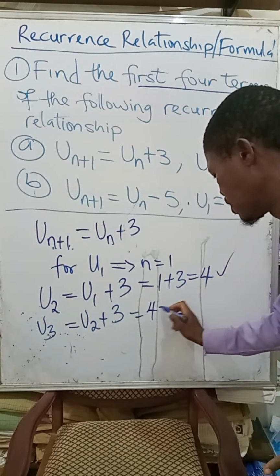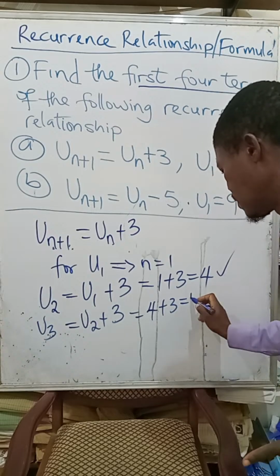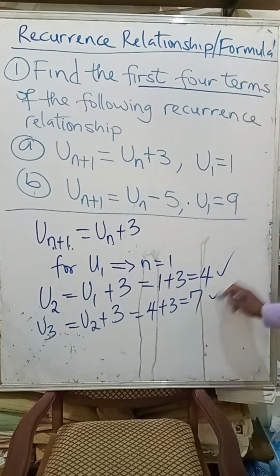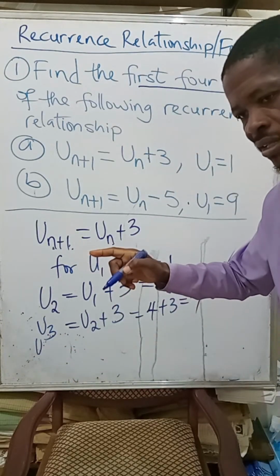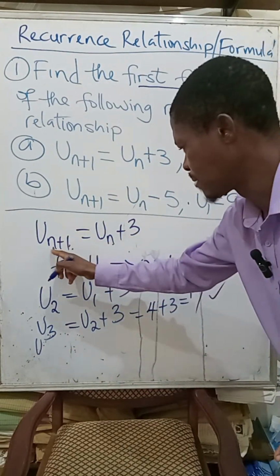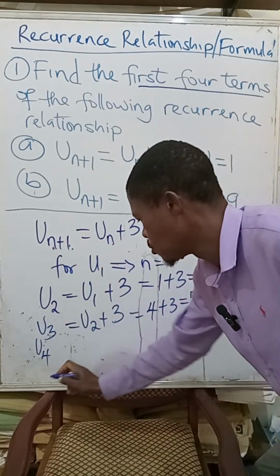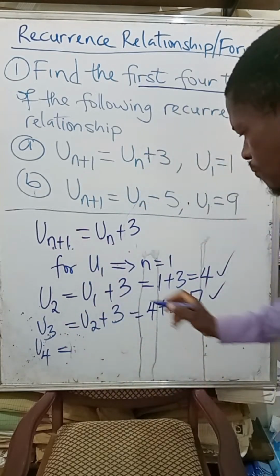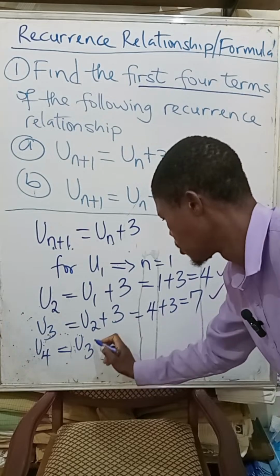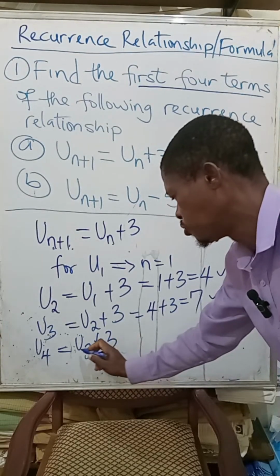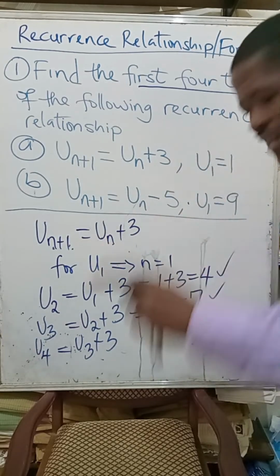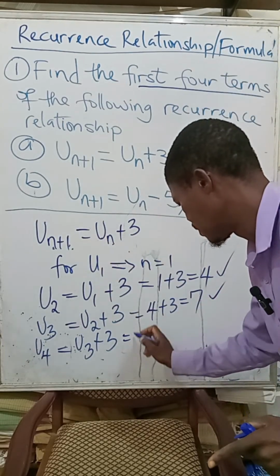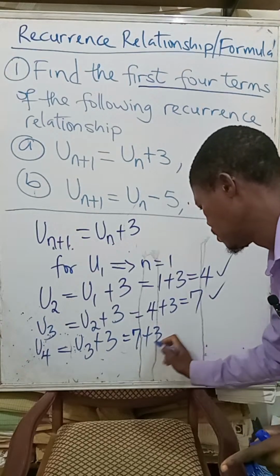That's 4 plus 3, that's 7. Let's go on again. For U4, when n is 3, you have 3 plus 1, making 4. U subscript 4 will be U3 plus 3. Your U3 is the previously calculated value, which is 7. That's 7 plus 3, that's 10.